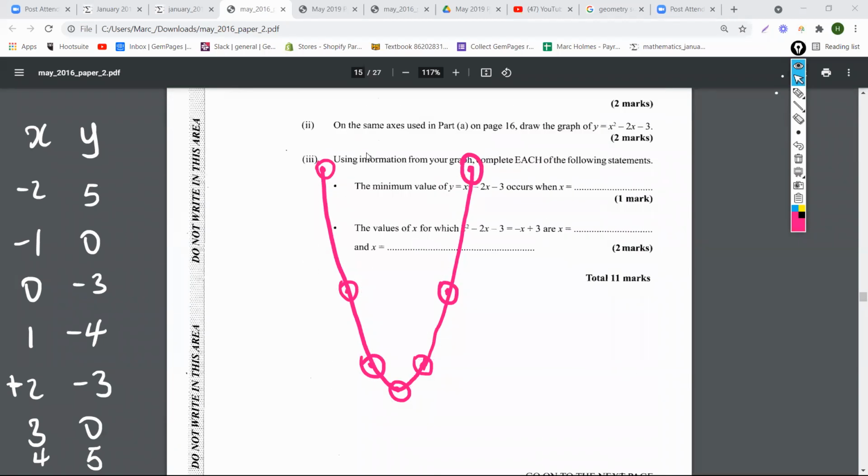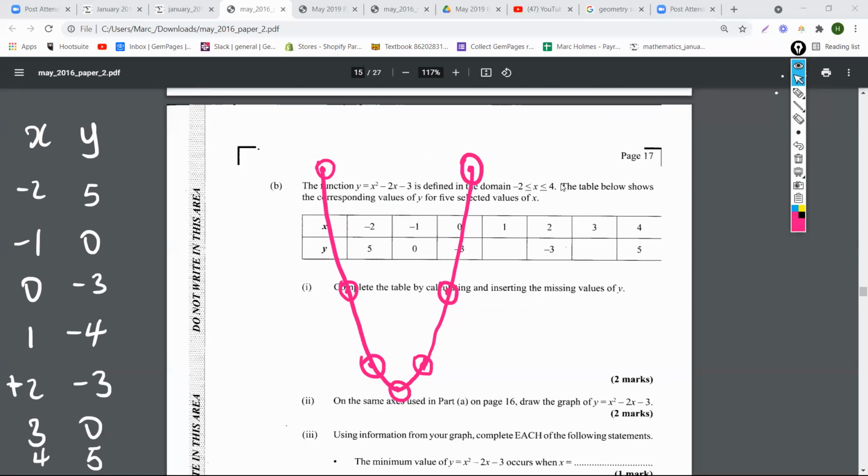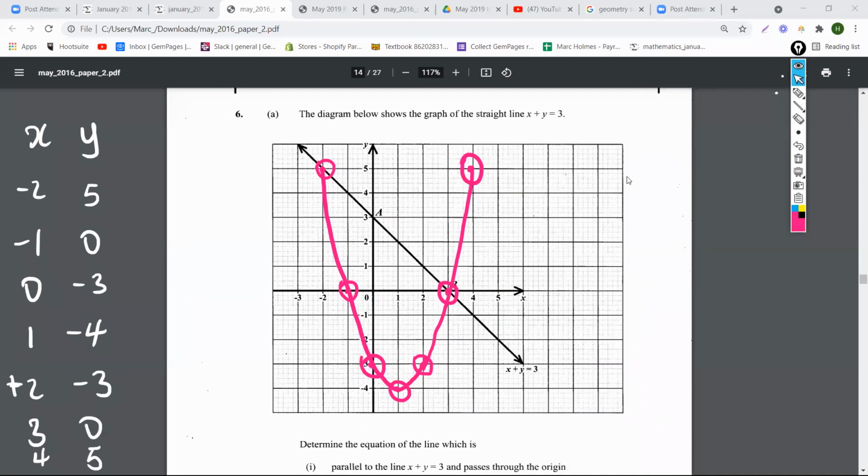So it says here, on the same axis in part A, draw the graph, and using the information, complete the following statements. The minimum value of y is equal to x squared minus 2x minus 3 is equal to, okay. So the minimum value, guys, let's go back to the graph just for a second. The minimum value is right here at the bottom of the graph.